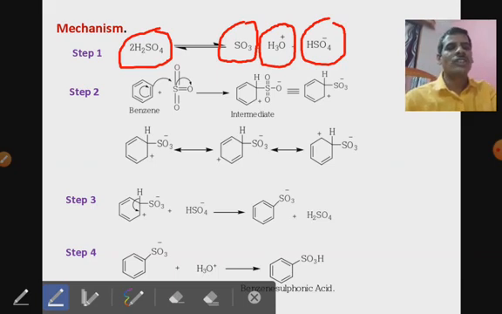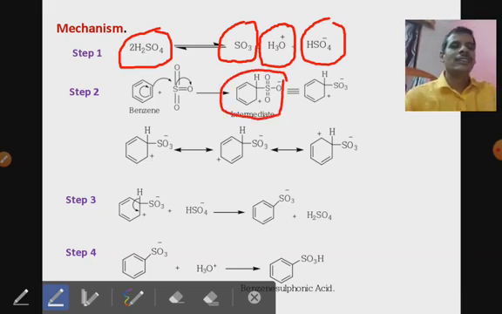Oxygen is more electronegative, hence the double bond shifts toward oxygen. Hence oxygen carries the negative charge and the phenyl carries the positive charge after the pi electrons shift toward the sulfur atom.